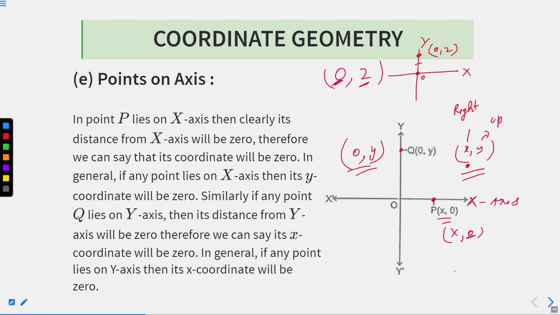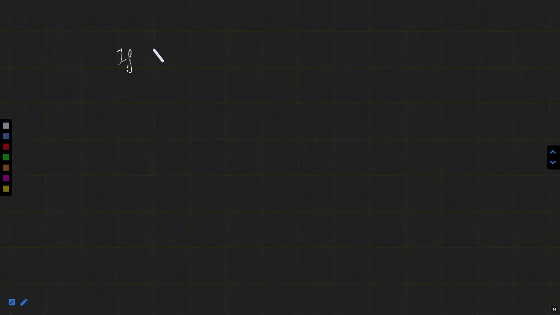Similarly, 2 comma 0: x is now 2, 1, 2. Here x is 2 and y is 0, so we don't move upward or downward. We are just sitting here. So here it is 2 comma 0. Clear?